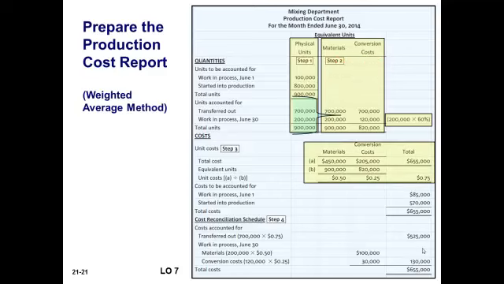Step 3 brings in total dollars to allow us to calculate unit cost for each cost category. Those total dollars come from the beginning work in process plus current costs associated to new units that were started. Importantly, those costs need to be combined along cost category lines, keeping material costs separate from conversion costs. $450,000 for materials and $205,000 for conversion costs.